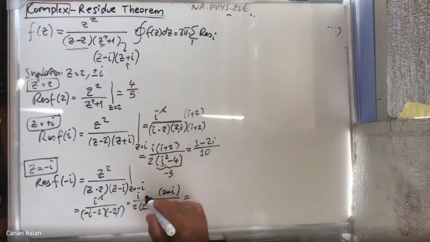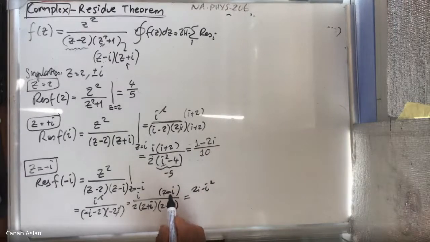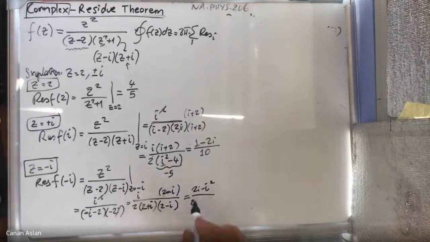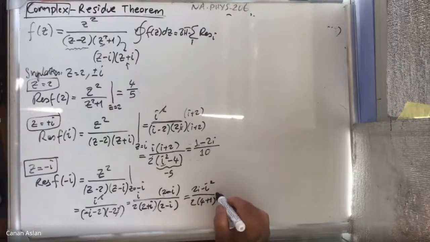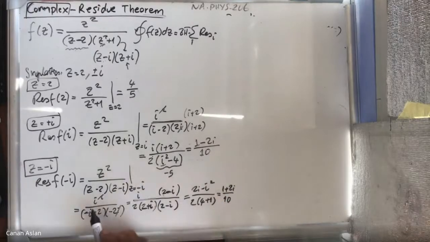So the top is 2i minus i squared, because of the product of these two, divided by 2 times 2 plus i, 2 times 2 is 4, and then 1, because minus i squared will be minus 1, and with the minus sign it will be just 1, so 5. So it's the same thing as over 10, but this is minus 1, so it's 1 plus 2i divided by 10. So basically, we have this result.